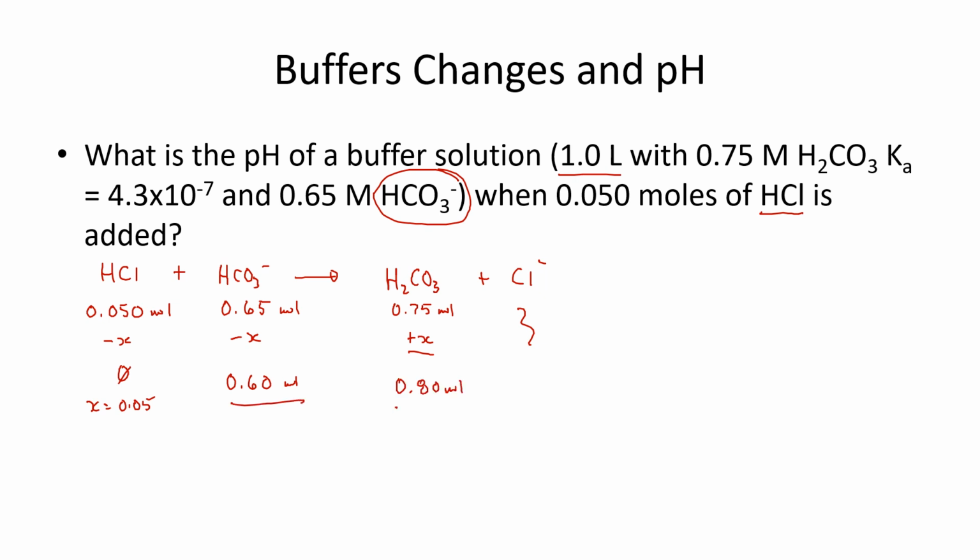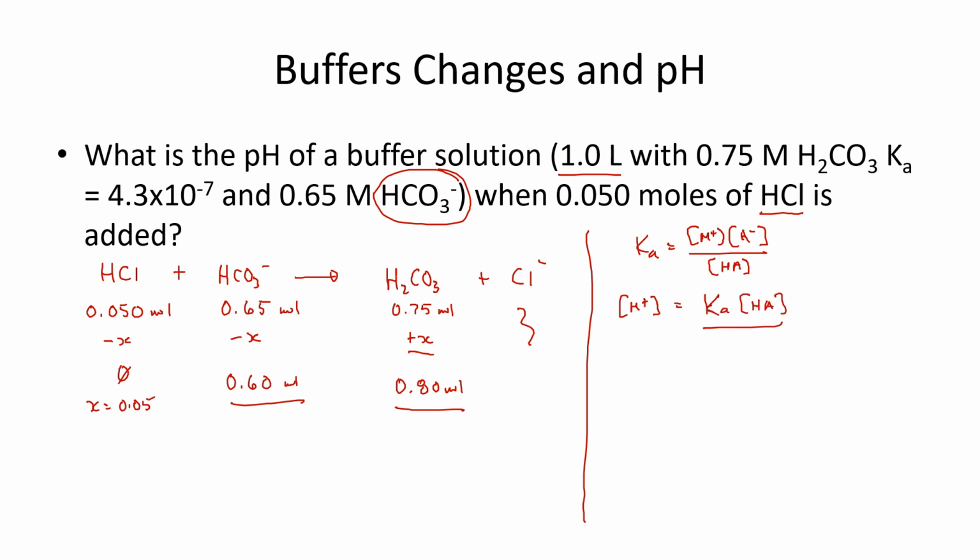So these are the two pieces that you need in order to solve for the pH, just like we did before. So we can put that over here. The Ka, of course, equals the hydrogen ion times the conjugate base all over the acid, right? So if we rearrange that to get the hydrogen ion, it's going to be the Ka times the acid concentration all over the base concentration.